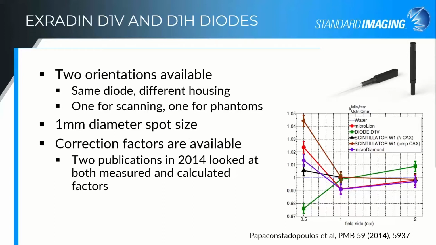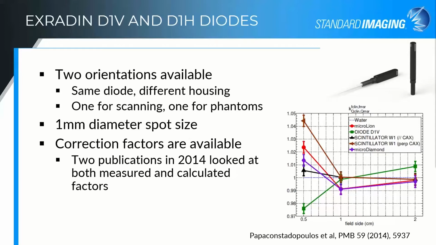The difference is that the vertical orientation is for scanning, so that you have minimized the perturbation of the water as you're moving through the scan, as well as the stem being there in the field. And the horizontal orientation is an easier one to mill out a solid phantom for, so that's designed for use in solid phantoms. But either one can be used either way, whatever works best with your setup.